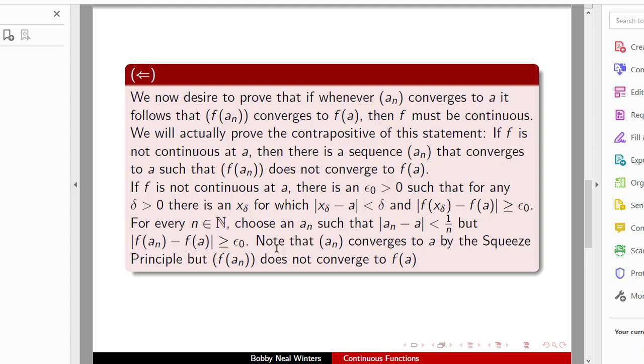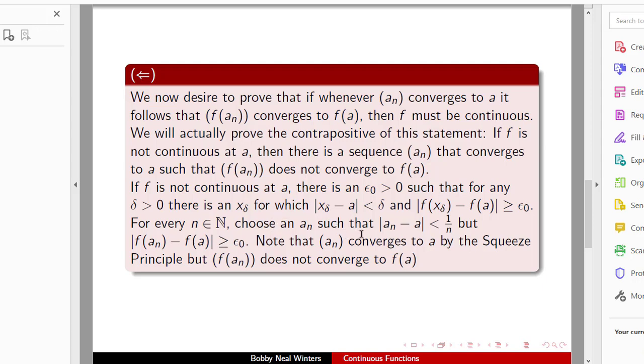Now, this is written in delta, but since we're interested in sequences, we want to switch to having the natural numbers as an index. So for every n element of the natural numbers, choose an a sub n such that the distance from a sub n to a is less than 1 over n, but the absolute value of f of a sub n minus f of a is greater than epsilon sub 0.